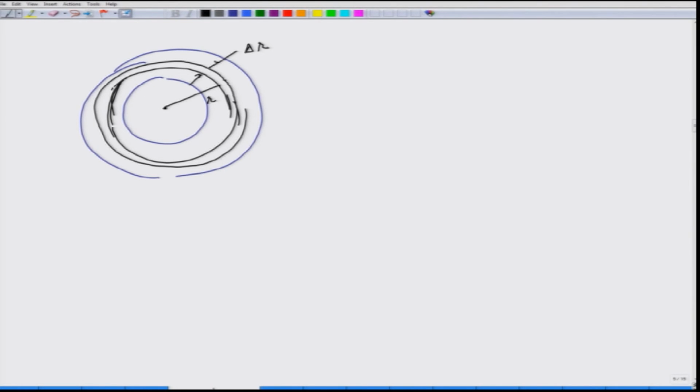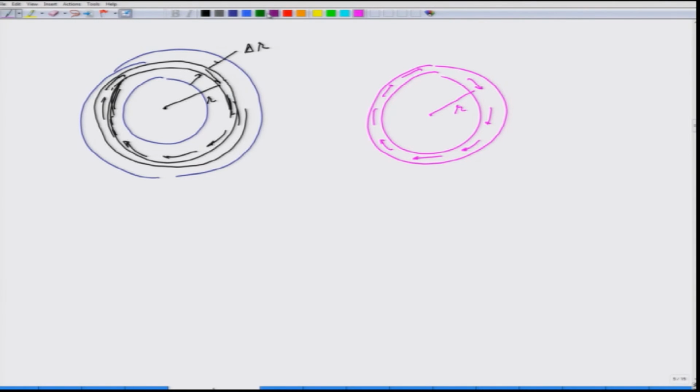The frictional force that is being generated is acting like this in the opposite direction, right. So, let me make it again. If I look at this section, this force is being generated at a distance r. So, the torque provided by this force is going to be the force times r.